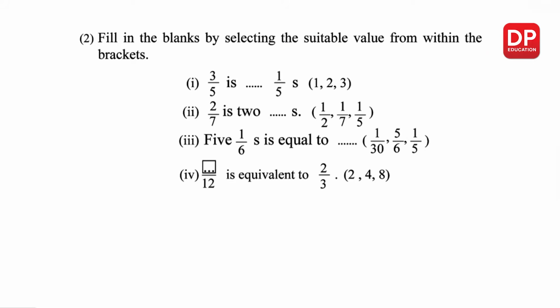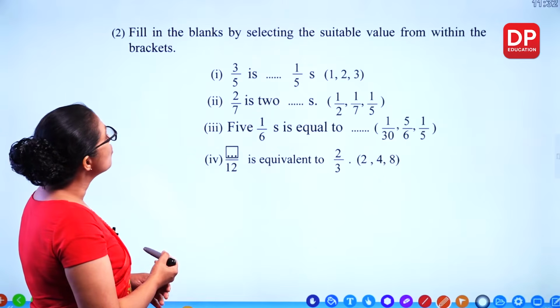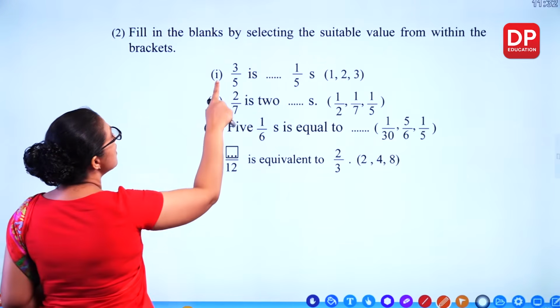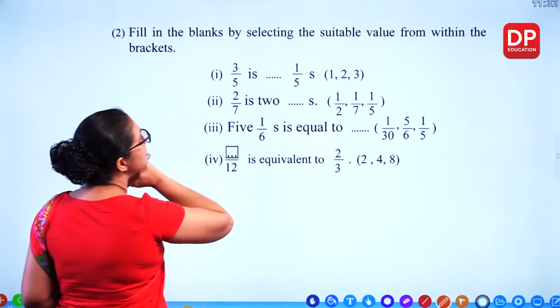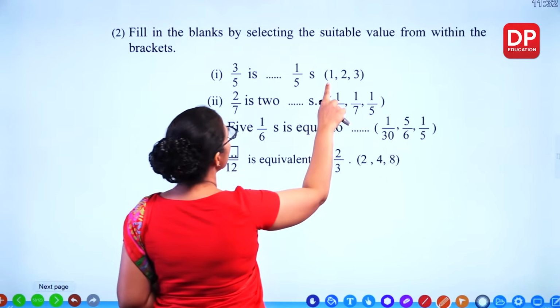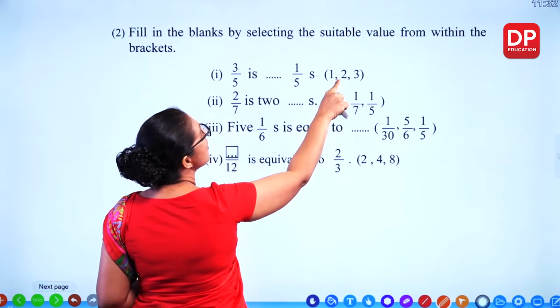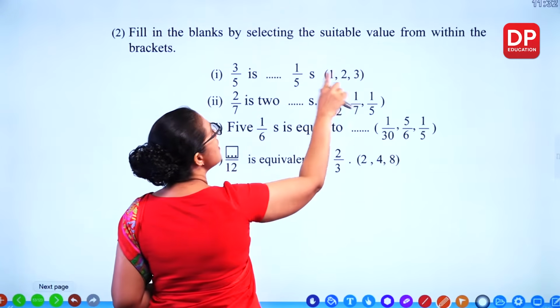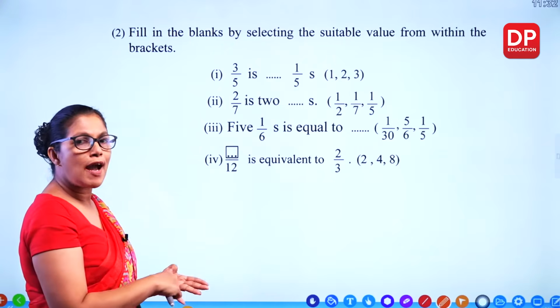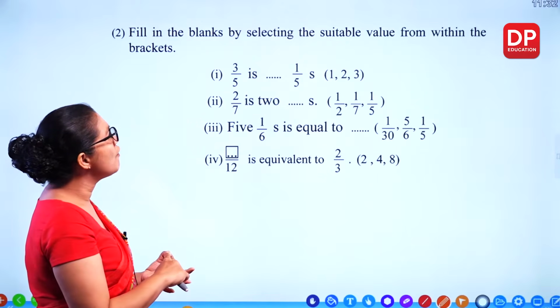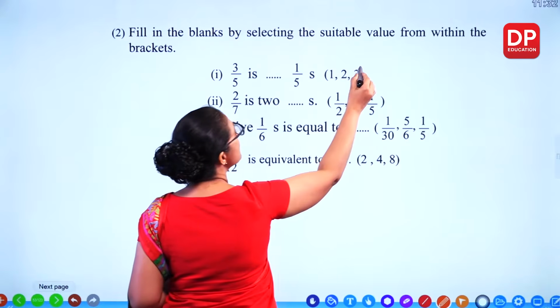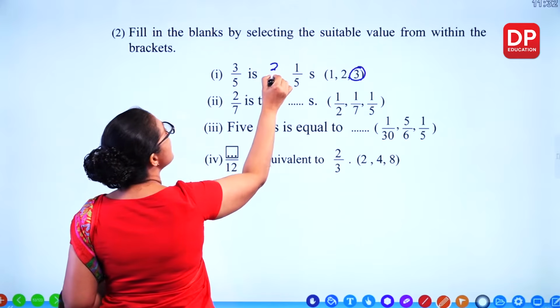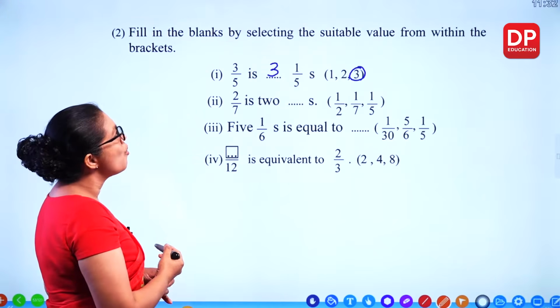Fill in the blanks by selecting the suitable value from within the brackets. So you need to take 3 over 5 is 3 times 1/5, because 1 over 5 plus 1 over 5 plus 1 over 5, you get 3 over 5. So 3 times. So you can write 3 into 1/5.